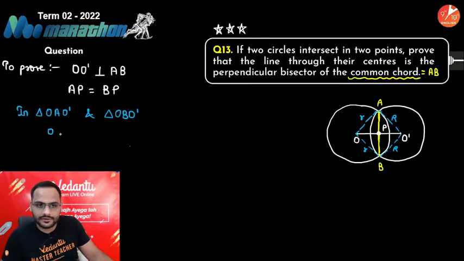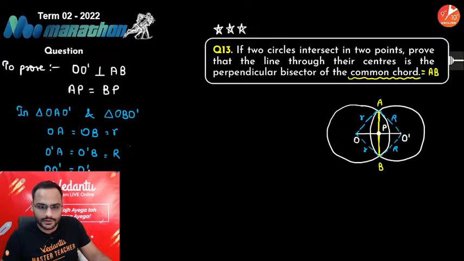So I can say, sir, first thing, OA is equal to OB and O dash A is equal to O dash B. These two are equal to radius, these are also radius. And then I will say that sir OO dash is the common side. This is the common side.